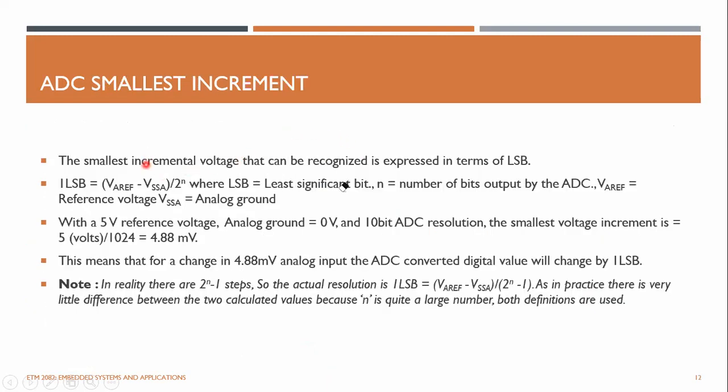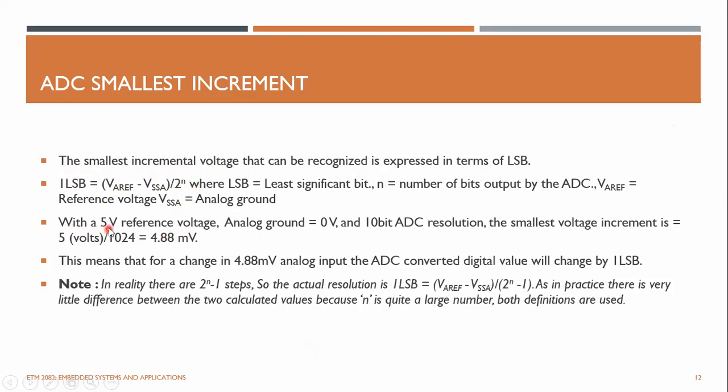Yeah, this is what I already discussed. The smallest increment is the smallest voltage that you can measure, which is given as the least significant bit. That equals the AREF voltage minus the analog ground voltage, which is normally 0 volts, divided by 2 to the power n.